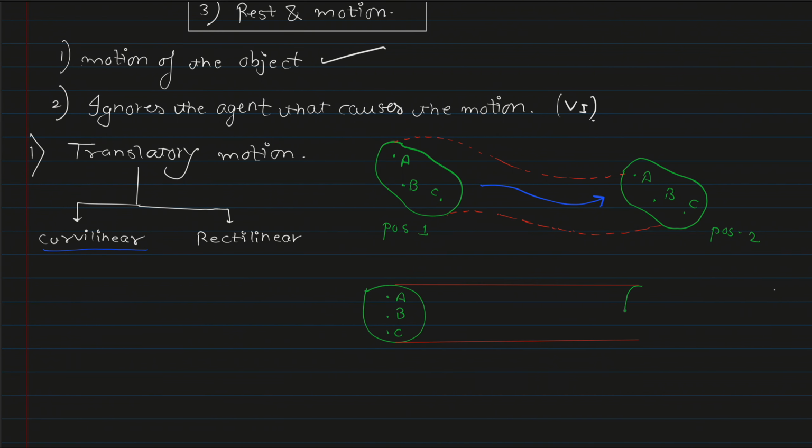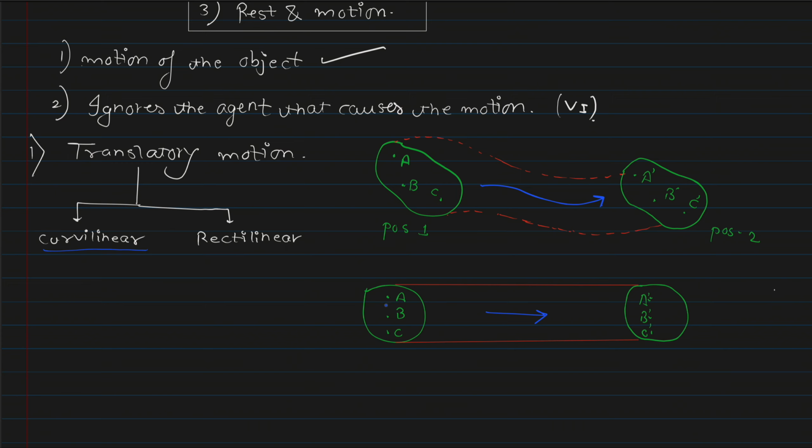And you have the object somewhere over here, the same object. A dash, B dash and C dash, so that we understand that they are the two different positions. This is called rectilinear motion. Why? Because the object has translated in a straight line.